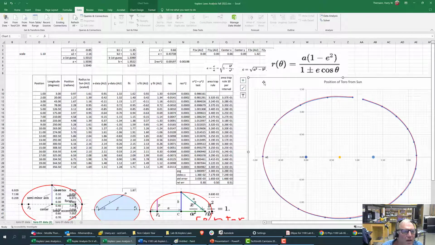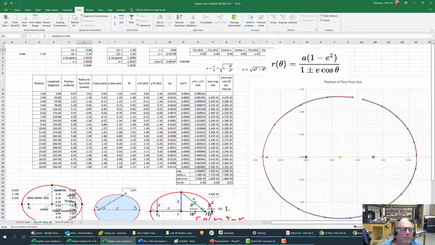So what I did is then I looked for the minimum value of what's on the x-axis, which should be here, and the maximum value.